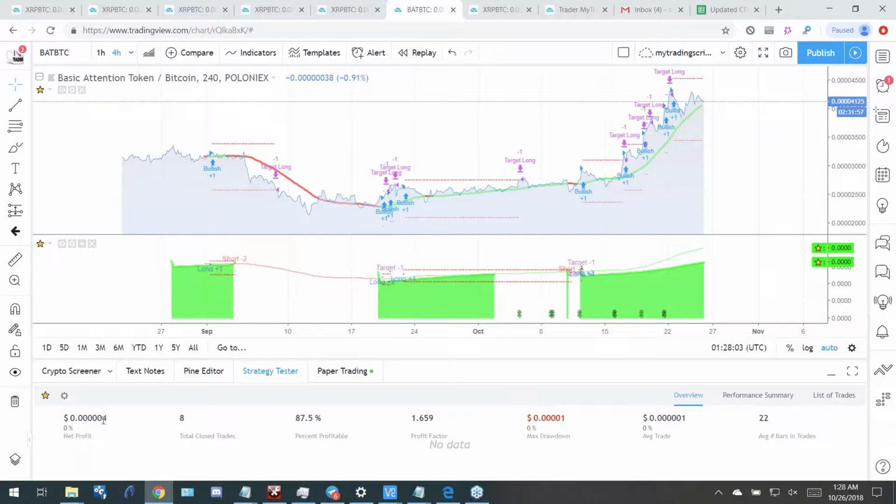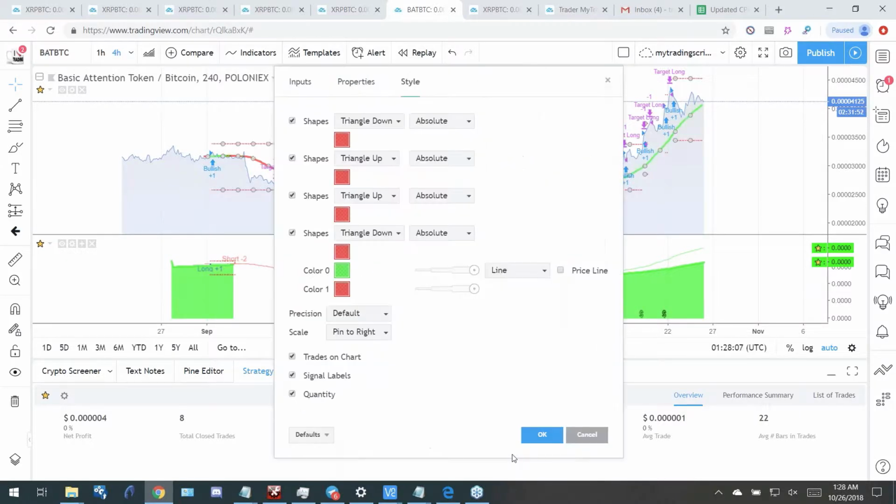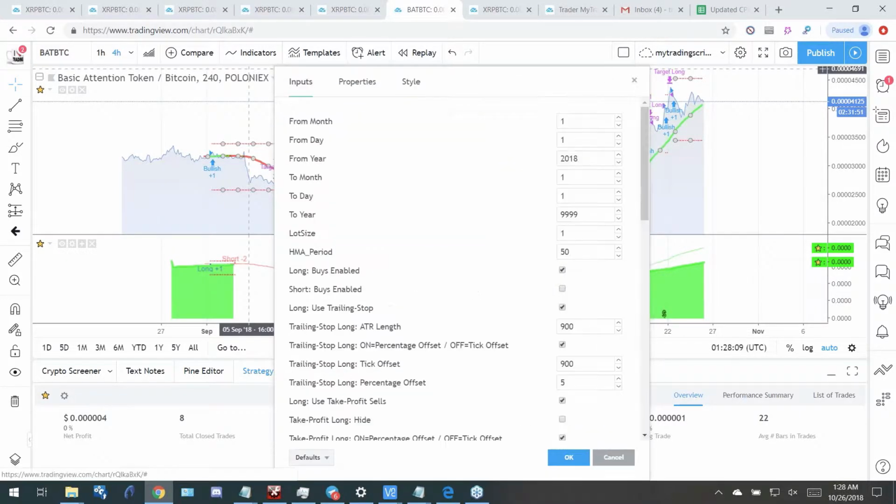Now, each market has to be adjusted depending on the lot size. Let's say I have this product and I put it on the Basic Attention Token, and I look at the net profit, and it starts off and it looks like there are 5 zeros there. That means you need to make an adjustment.